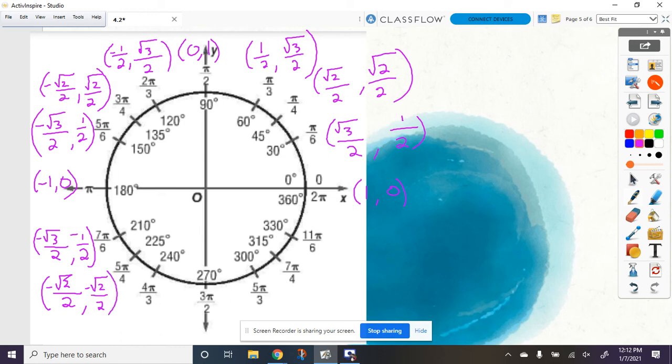And then lastly, the 240 would have... agree. Okay. And then kind of using the same thinking, since we've gone down this time 1 unit for 270, what would its point be? 0, negative 1. All right.